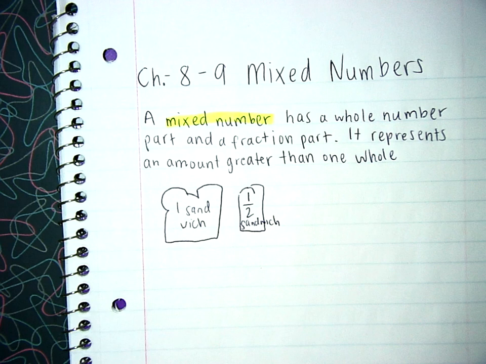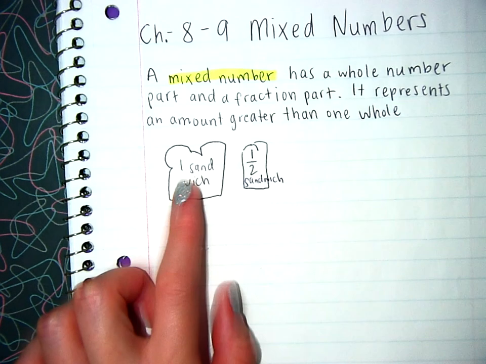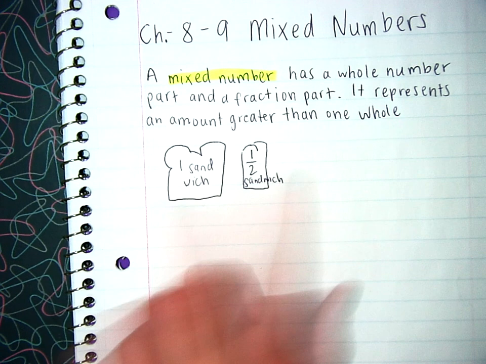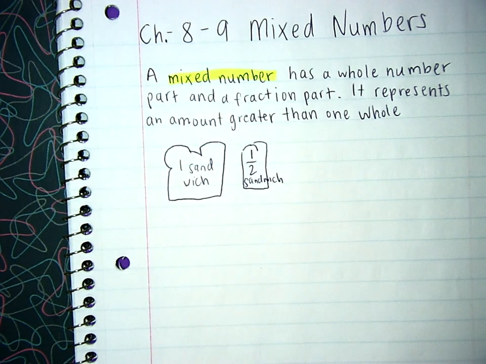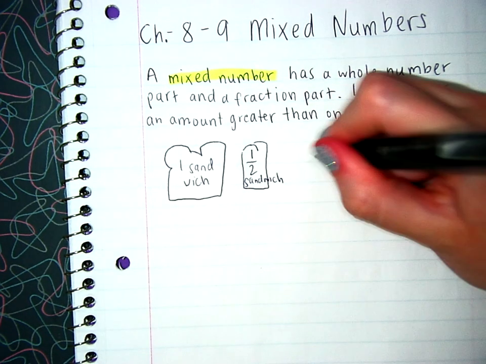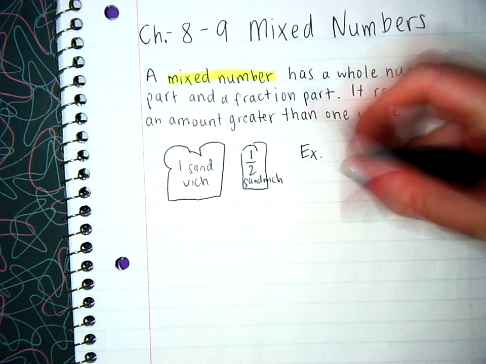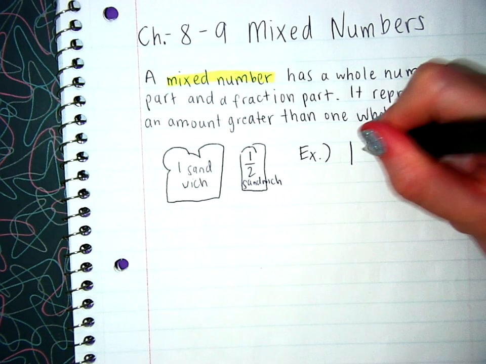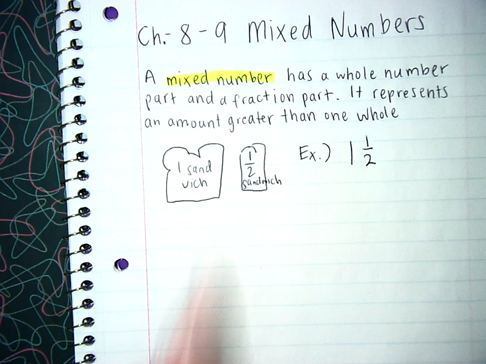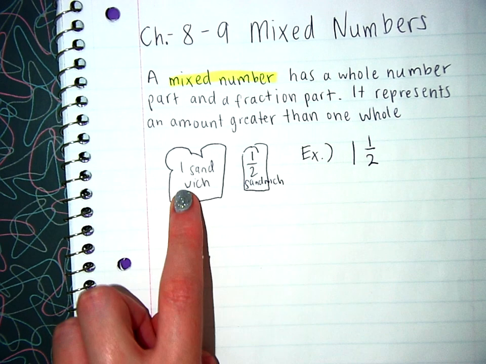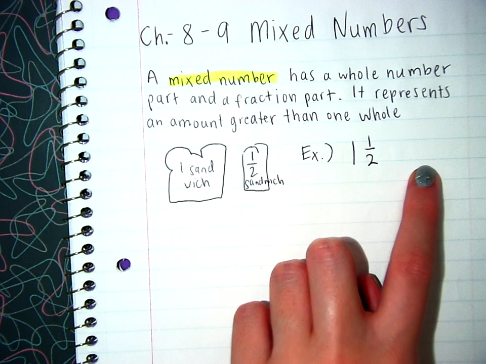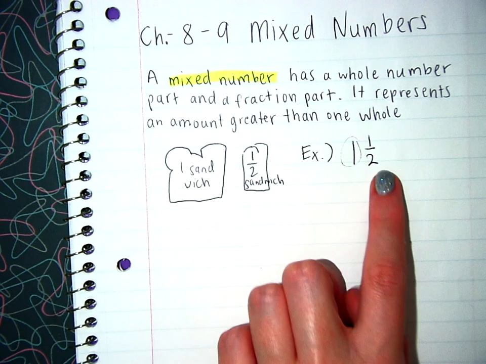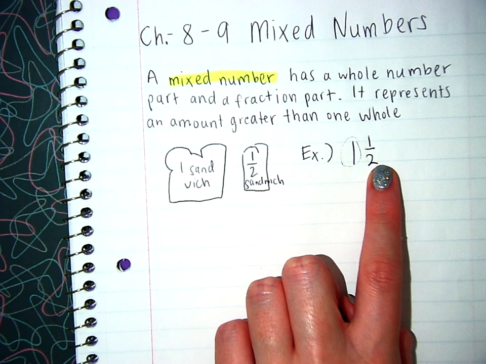So if someone was to ask you, how much sandwich do you have? You would say, I have 1.5 sandwiches. Well, that would be a mixed number. So an example of the mixed number would be 1 and 1/2. Here is the whole sandwich, and here is that half sandwich that your friend gave you.